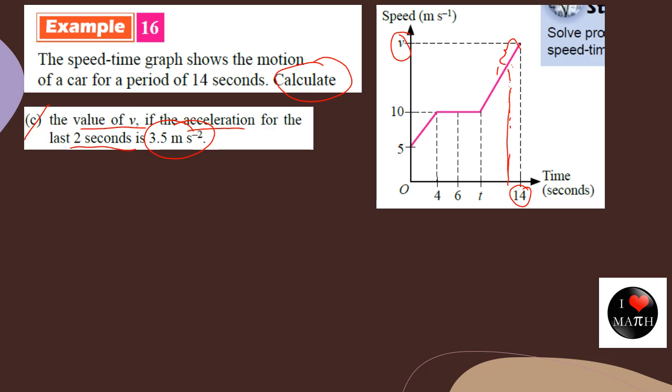So you want to find v. The information given to you is acceleration, and you remember that acceleration you can find by finding the gradient, right? So how do you find the gradient here? You don't know what is here, so you cannot do it. But you remember, teacher said last time, and you learned in your linear equation, the gradient will always be the same anyway you take.